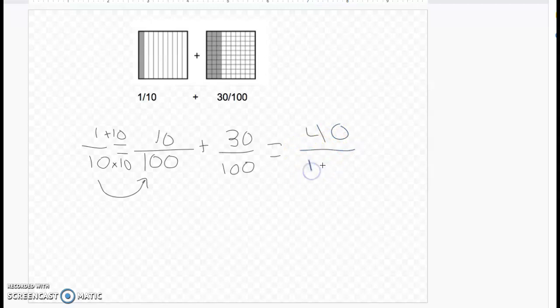Yes, it stays the same because the denominator is the size of the piece, and the size of the piece is this little hundredth, these little squares, and that does not change. The number changes. When you add 10 hundredths to 30 hundredths, it becomes 40 hundredths. The number of pieces change. So you keep the denominator the same and the numerator is what you add.